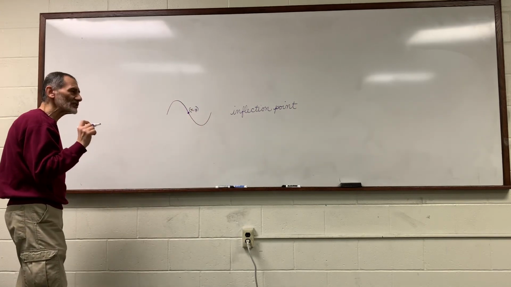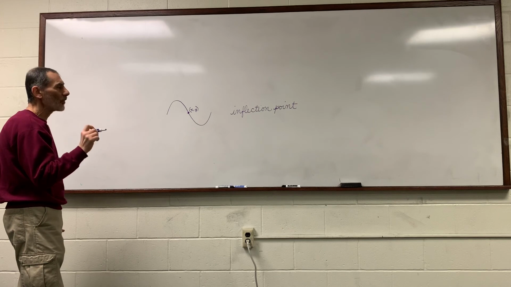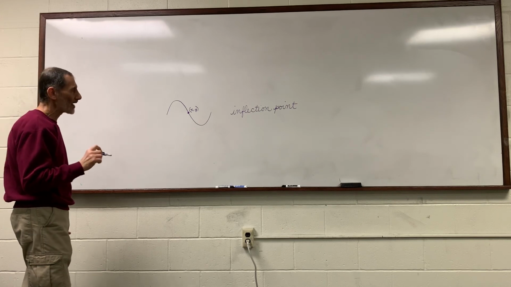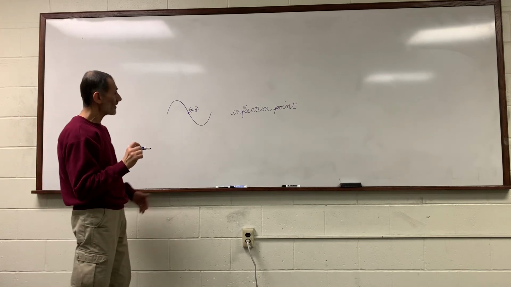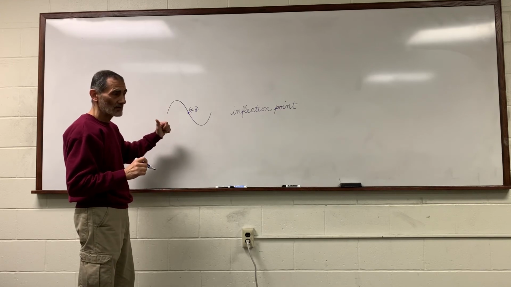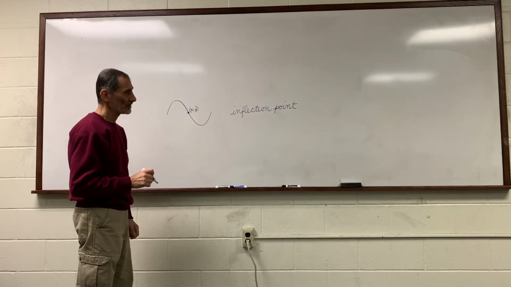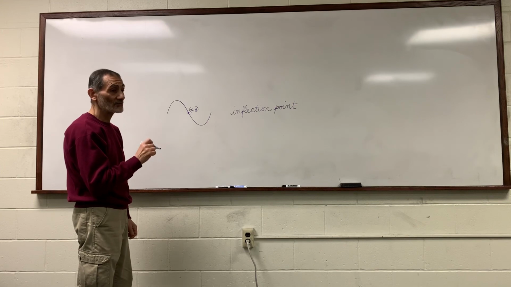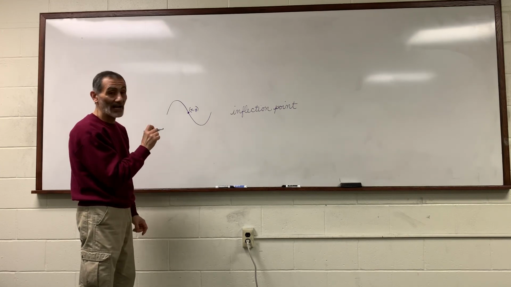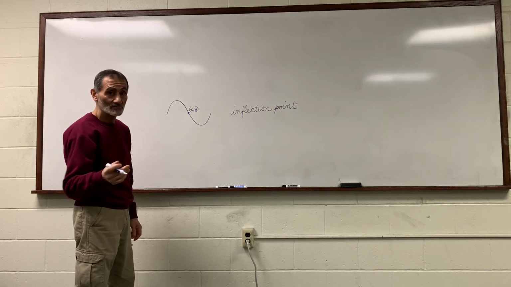When the concavity changes at a point on the graph where the first derivative is defined, where there is a tangent line, we have a point of inflection. And again, in our next video, we'll work out an entire problem and see that. That's all.